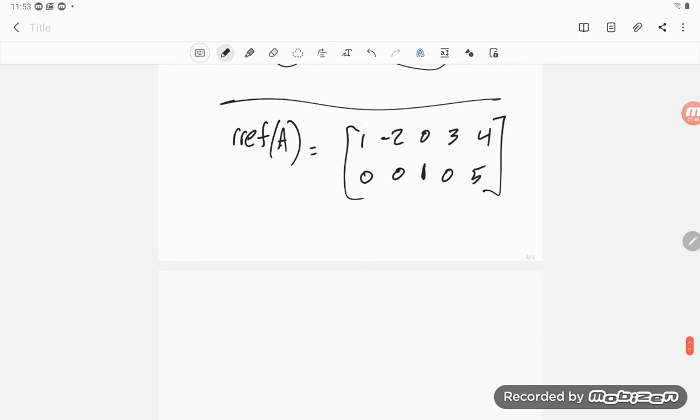Okay, so these columns correspond to an x1, an x2, x3, x4, x5 for an unknown.